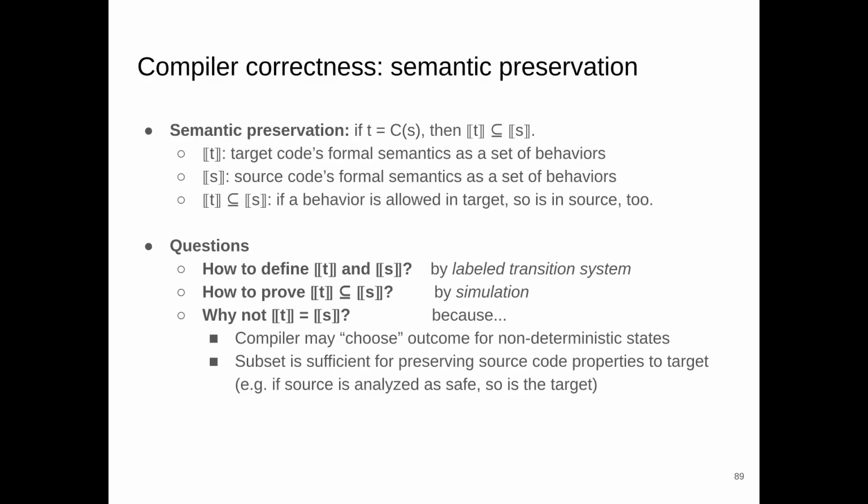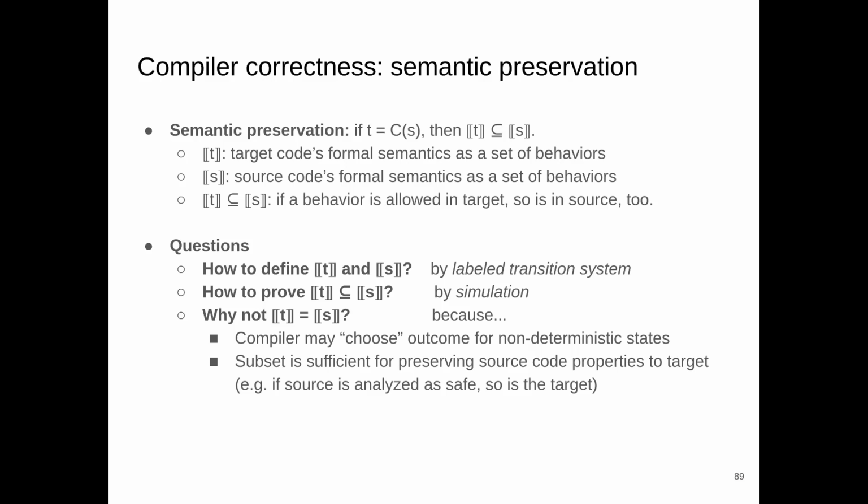And the second reason is that subset is actually sufficient for what we usually want from compilers. Usually what we want from a compiler is that if you analyze your source code and it is okay or good, then the property should be preserved in the target as well.